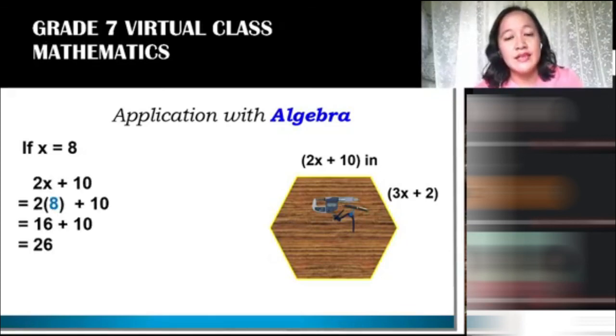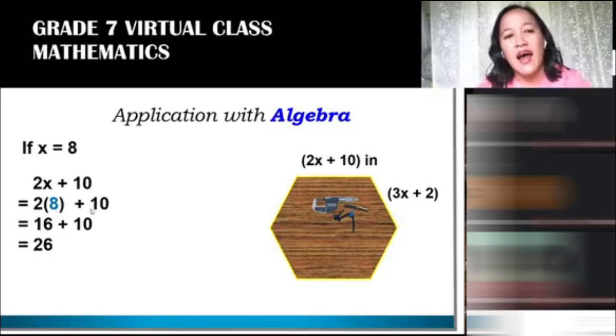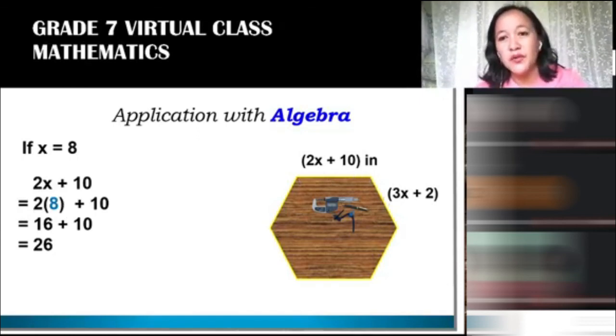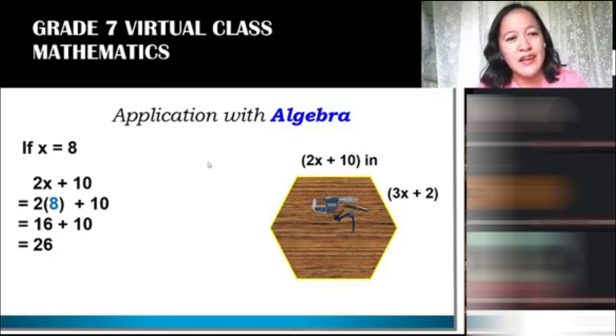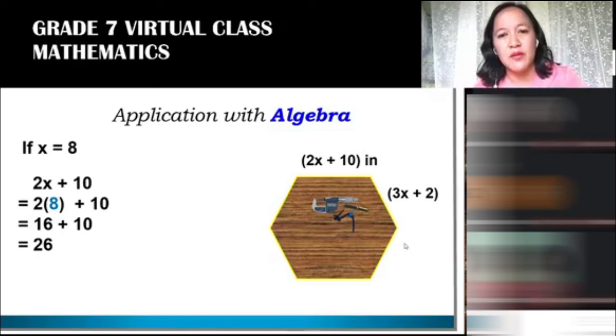Okay? If the side length of the table is 2x plus 10, so substitute 8 to x. So, we have 8 times 2, that is 16. Add 10, so we have 26. So, if this side is 26, alam na natin kung ano ang sukat ng iba pang side. Is it also 26? What do you think, my dear students? 26 rin kaya ang sukat ng ibang sides if it is a regular hexagonal table?